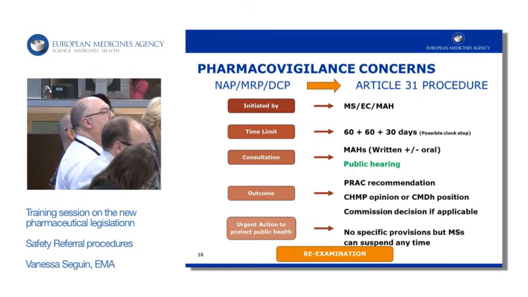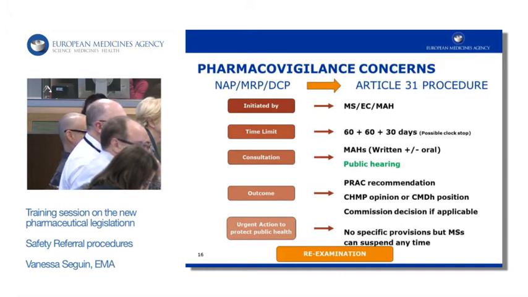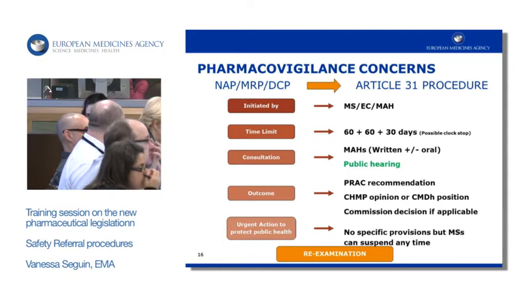So to go back to the point I was telling you about, of course, within 31, urgent action to protect public health can be taken, such as a member state can suspend the marketing authorization at any time. In Article 31, safety referral, re-examination of the procedure can be requested by the company.